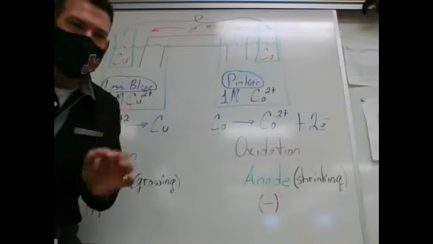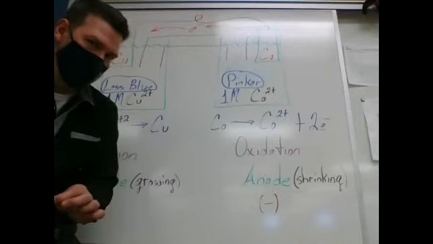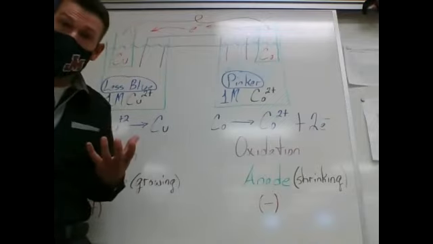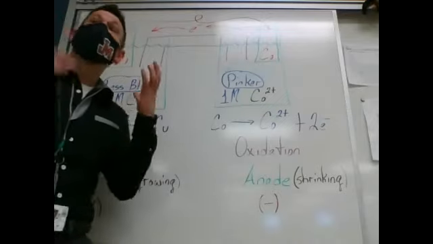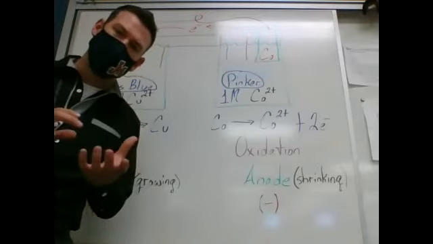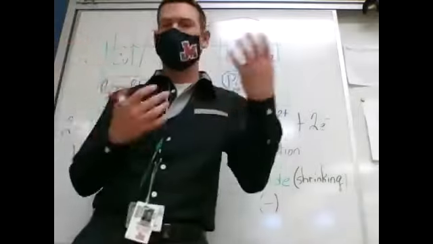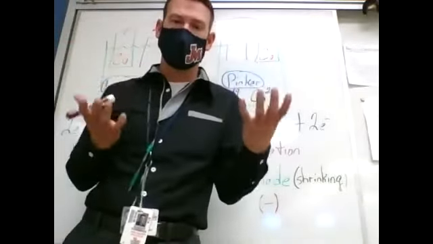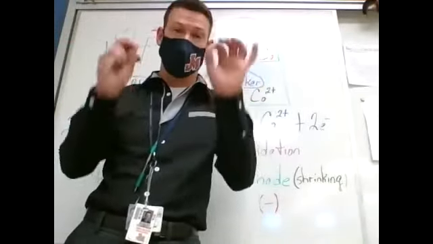And inside that salt bridge is going to be a compound that's going to release this charge buildup. It's going to solve our problem of the negative and positive environments being built up and blocking electron movement.